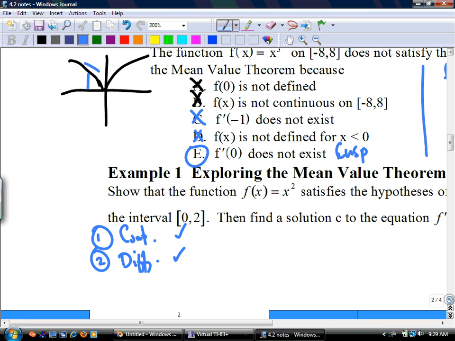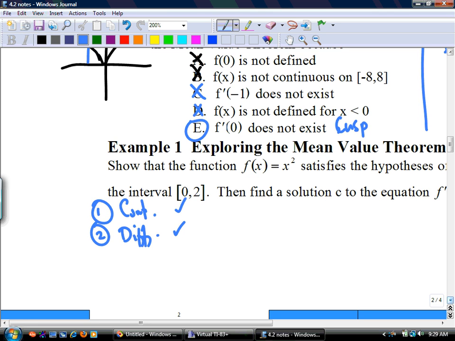Now what do you have to do? Find c. Okay, so you have a whole bunch of things to do. What do you have to do first? Got that done. Now what do you have to do? Make it equal what? Slope of what? So has anybody talked about the slope of the secant line yet? So how do you find the slope of the secant line?